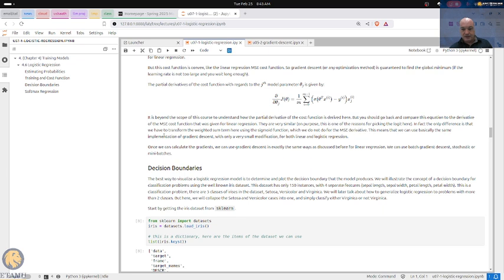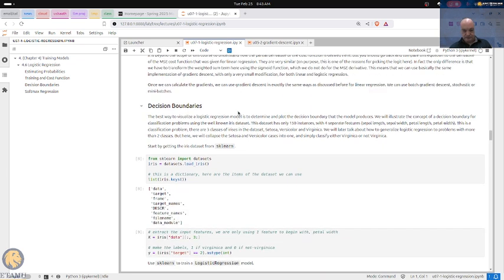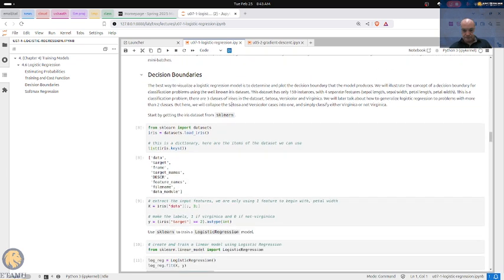Okay, so with that in mind, we can talk a little bit more about decision boundaries. We've come across this concept before.